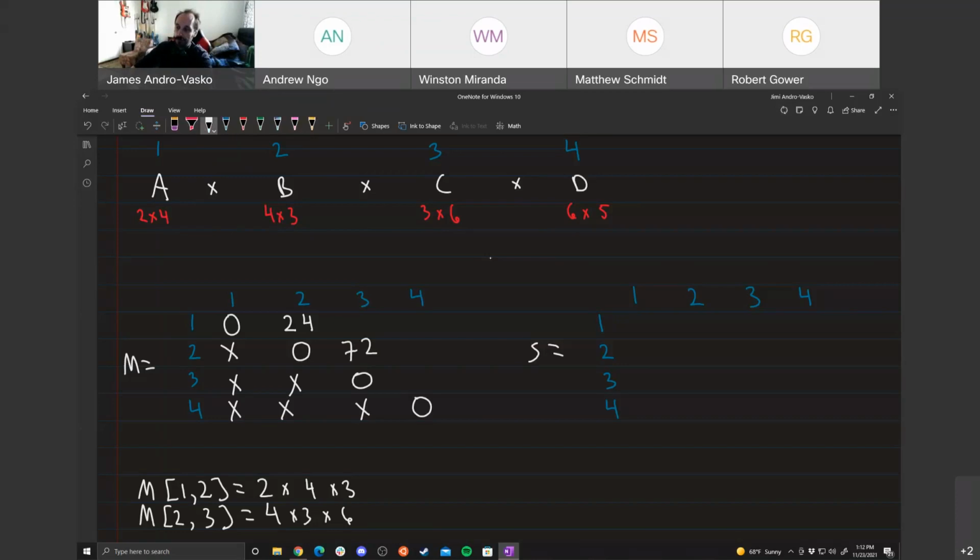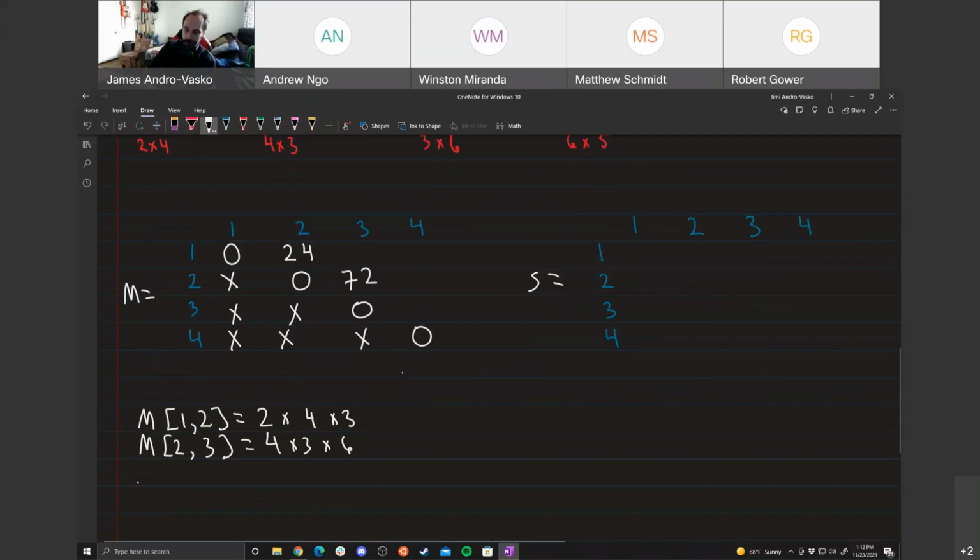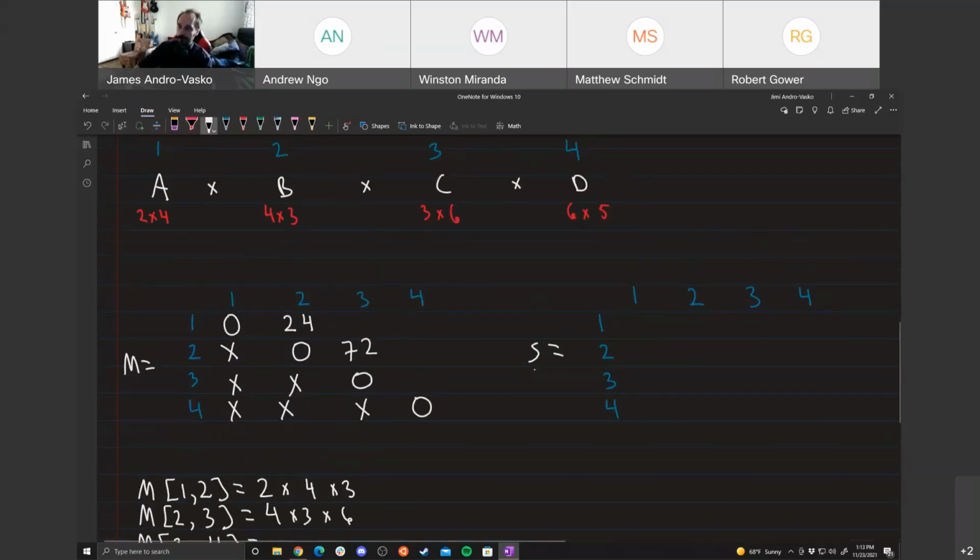And then we have to compute this one. So we're just simply multiplying A times B, then B times C, and then C times D, and we're storing these results in this matrix. So we're going to have now M3 comma 4. Well, that's going to be 3 times 6 times 5.